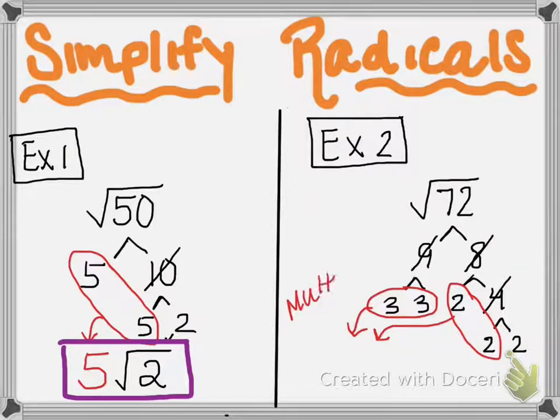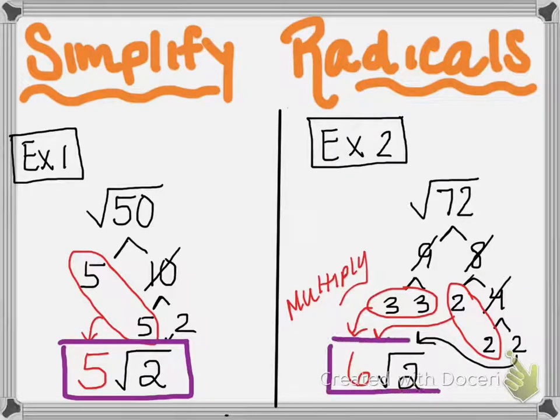Anytime we have two numbers that are outside together, they multiply to make a 6. One pair of 3s and one pair of 2s gives me a 6. And then inside of my radical goes the number that's all alone, or any numbers that are all alone. And in this case, it's the number 2. So 2 is going to go in my radical, and that's my answer, 6 radical 2.